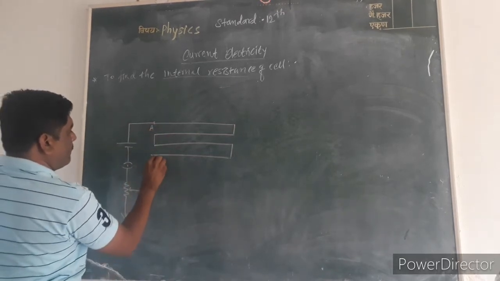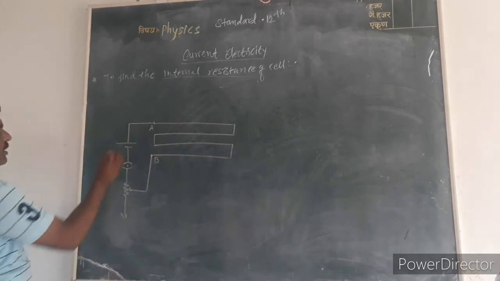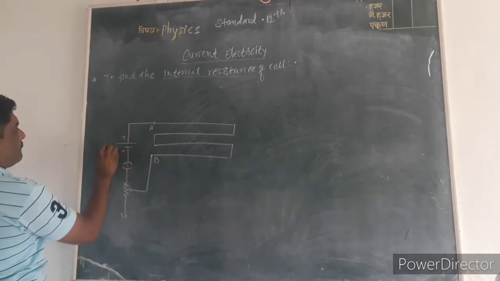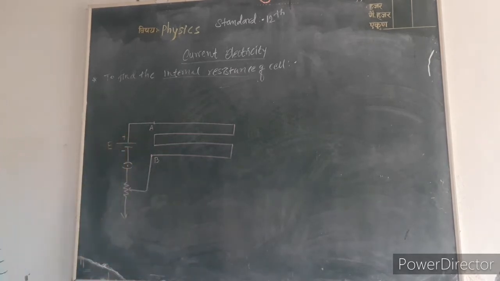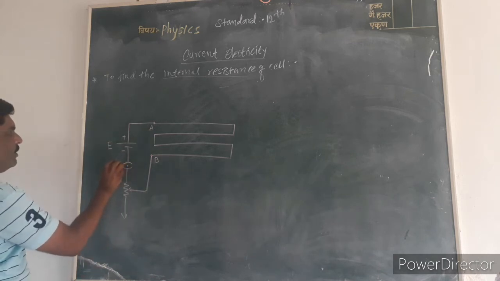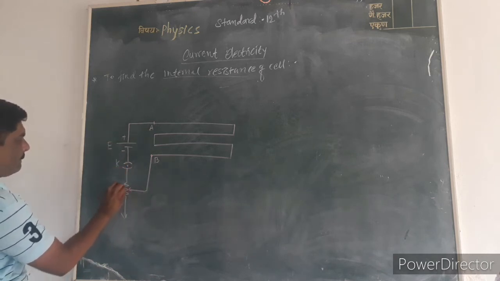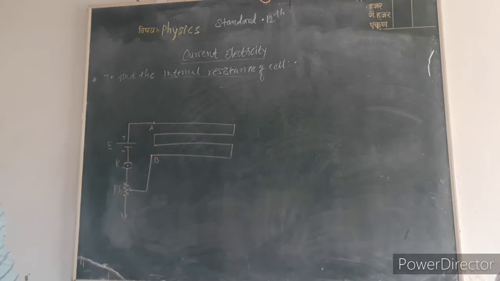A point, B point, cell whose EMF E, plug key K, rheostat RH.